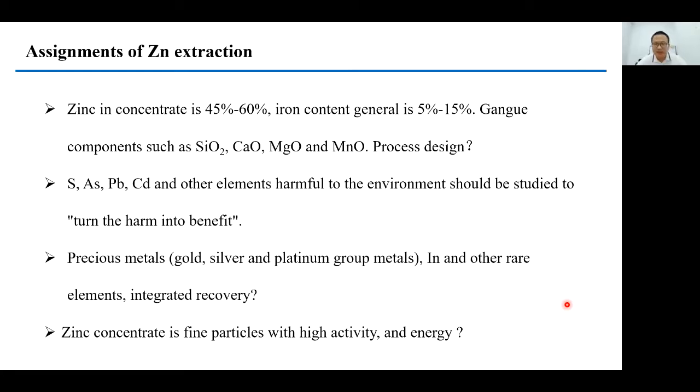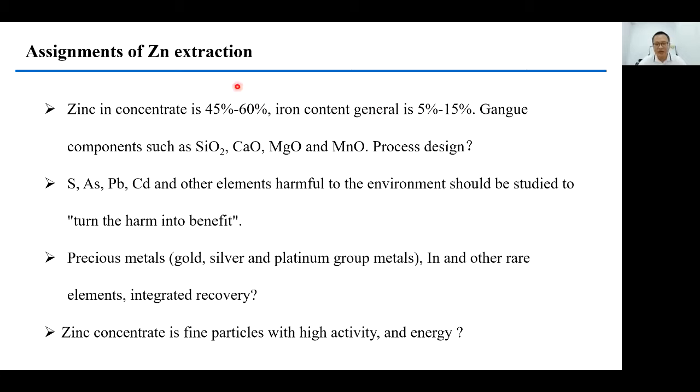So let's make some conclusion. The assignments of zinc extraction: now we have the idea that zinc is mainly produced from zinc sulfide, and the zinc sulfide can be enriched with flotation, and the concentrate contains around 45 to 60% of zinc, so it's very rich, and the iron content generally ranges from 5 to 15.